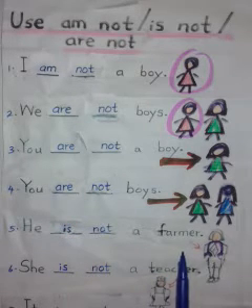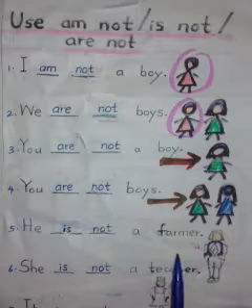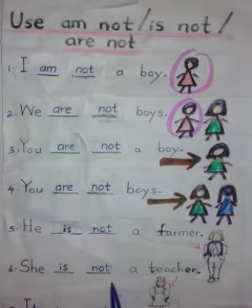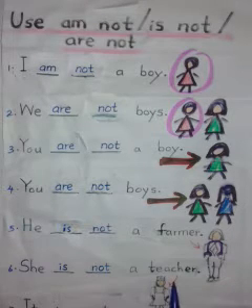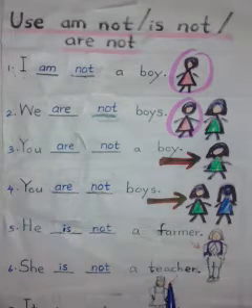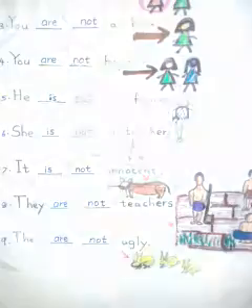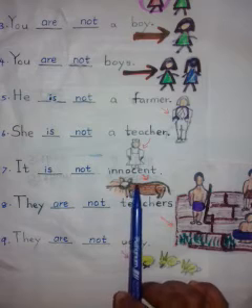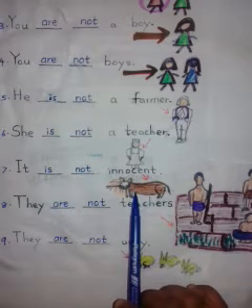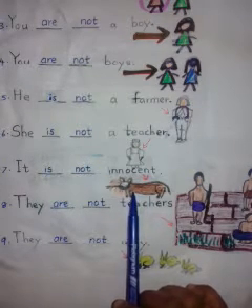ඔහු ගොවියෙක් නොවේ. She is not a teacher. ඇය ගුරුවරියක් නොවේ. It is not innocent. ඌ අහිංසක නොවේ.